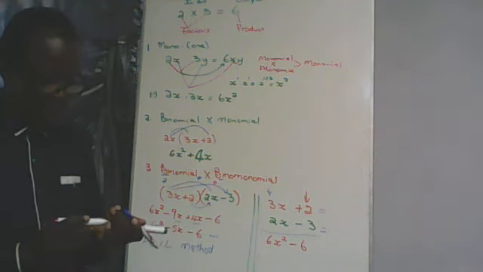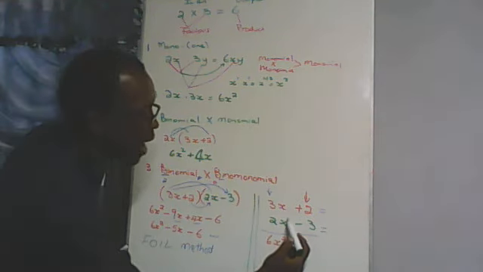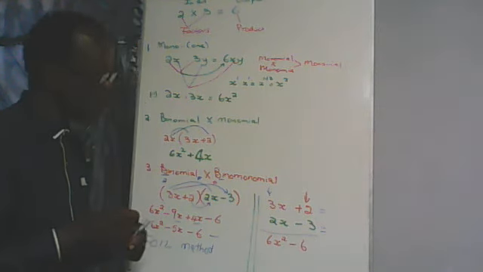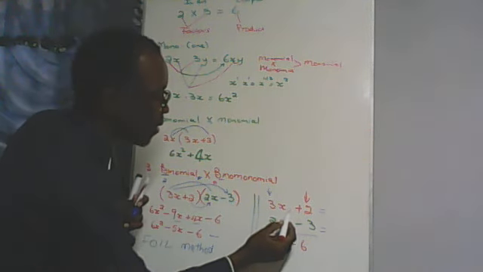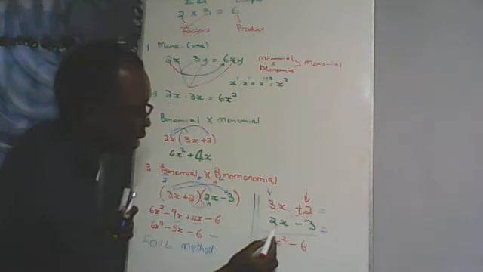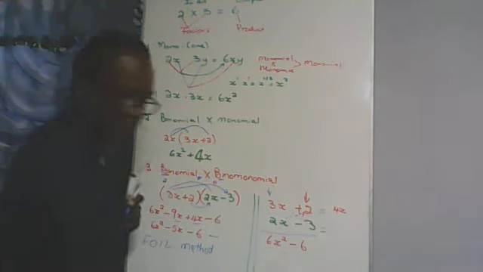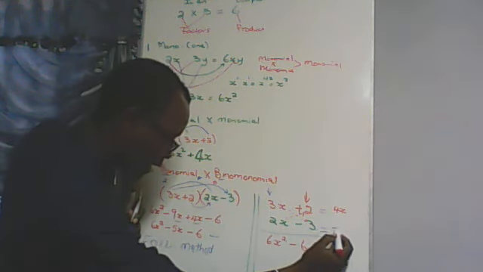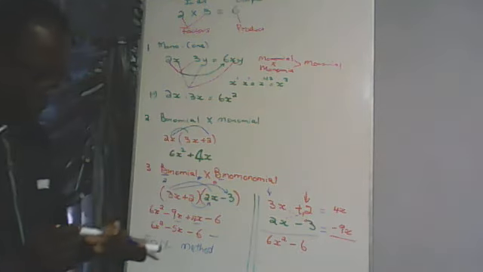So how do we get the middle term? Let me show you. You are now going to cross multiply. Let's do that. This by that and this by that. This term is positive by positive, you get 4x. Positive by negative, you get negative 9x. And then what do you do?